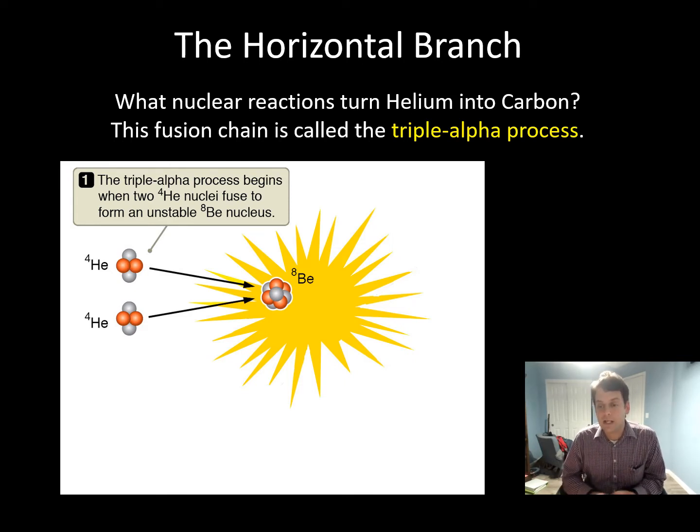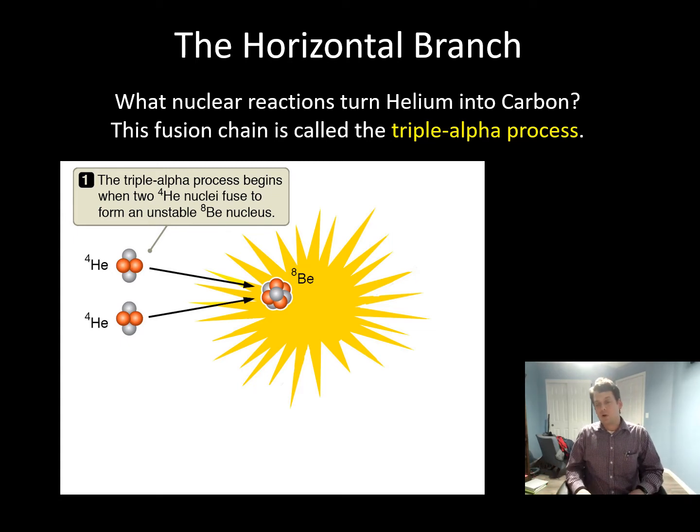So in reality, first 2 helium nuclei, 2 alpha particles, collide and form a beryllium-8 nucleus, and that's a bang, and there's some energy released. But beryllium-8 is not very stable, and so just left to itself, it will disintegrate back into those 2 alpha particles, and that would not be a very efficient way to fuel a star, because you'd get some energy out and then you'd give that energy up.